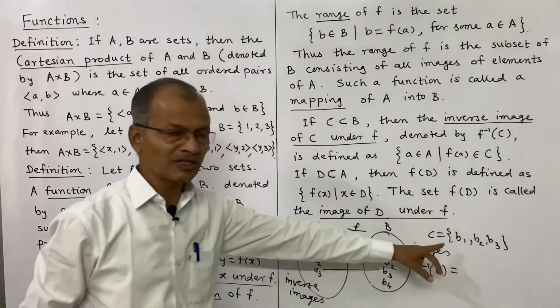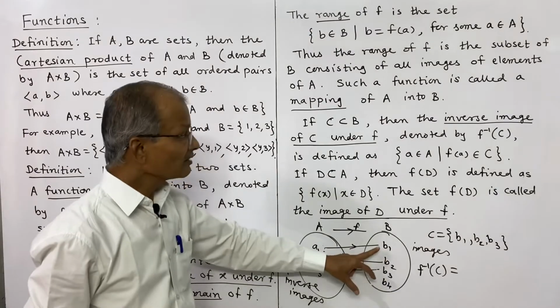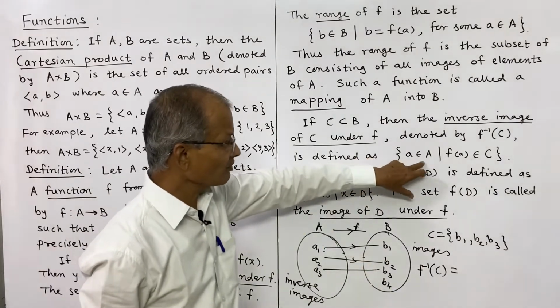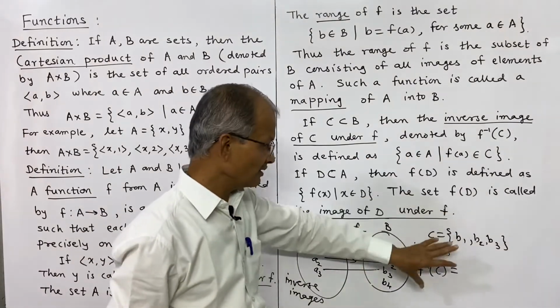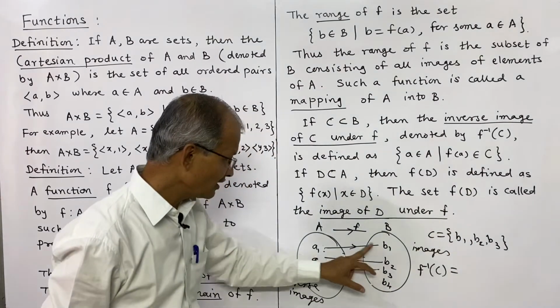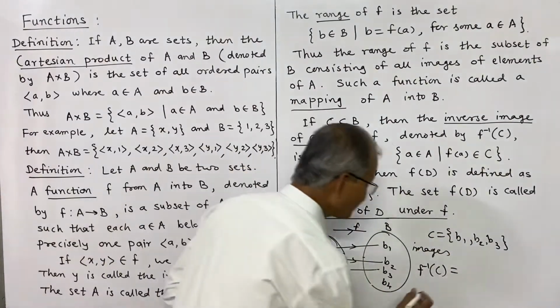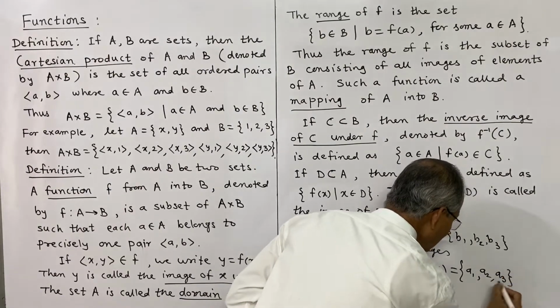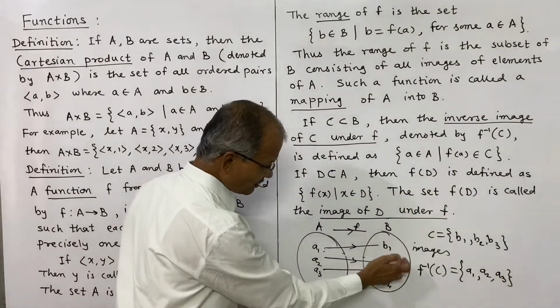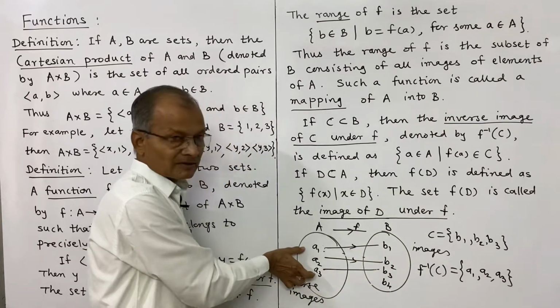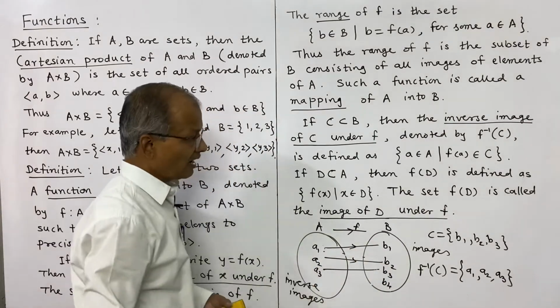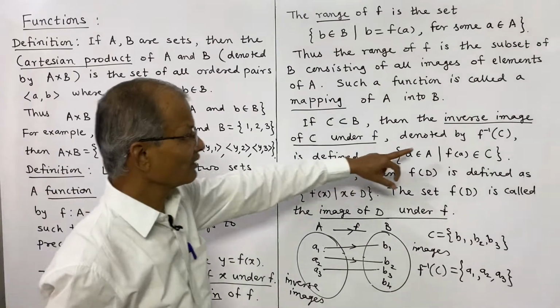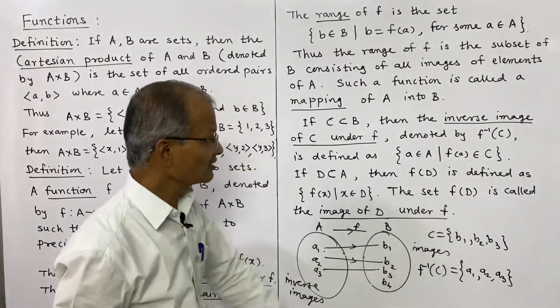The inverse images of these elements b1, b2, b3 will be those a belonging to A such that f(a) is in this set C. So that will be a1, a2, a3. Thus the inverse images of these three elements are a1, a2, a3, and that is the meaning of f inverse of C if this set is C.